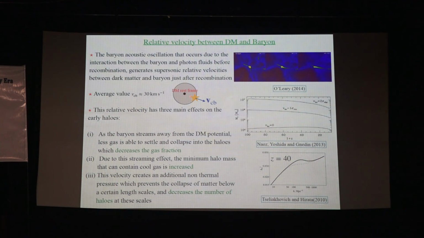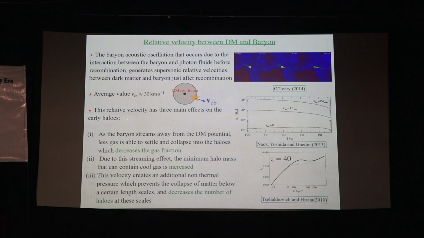If you sit in the rest frame of the dark matter, you will see that the baryons stream away from the dark matter's center of mass or gravitational field due to this relative velocity. The average value of this velocity is roughly 30 kilometers per second.